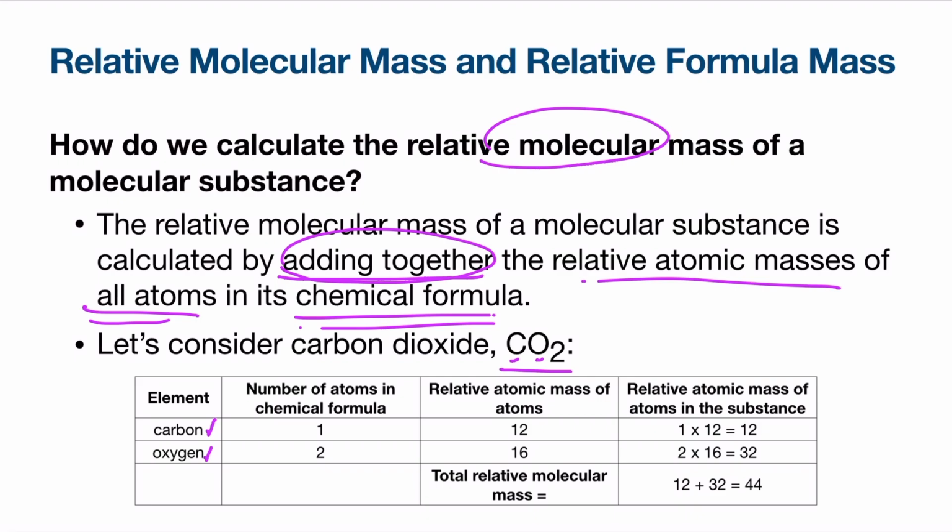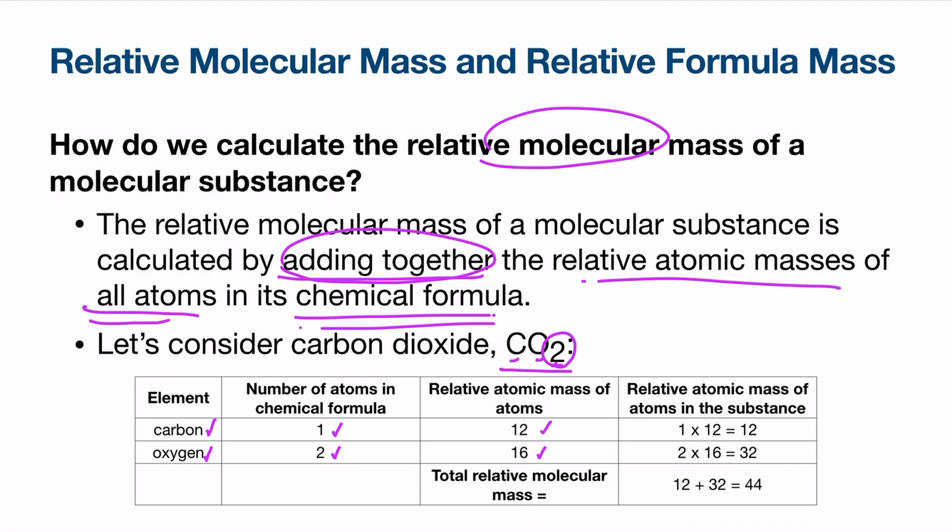And based from this chemical formula, we know that in CO2, there is only one carbon atom, and because of the subscript 2 that you can see here, it means that we have two oxygen atoms in this chemical formula. The relative atomic mass of carbon is 12, and the relative atomic mass of oxygen is 16.